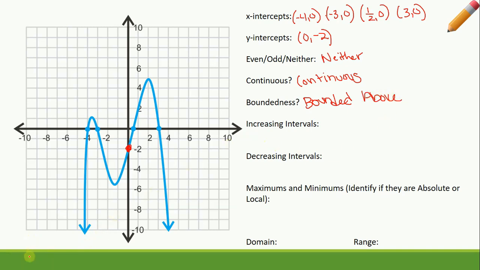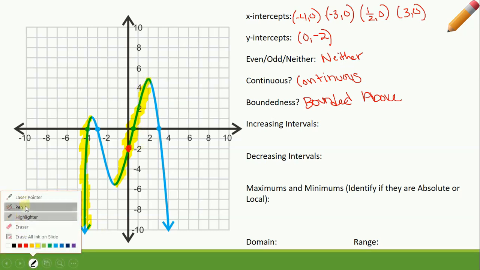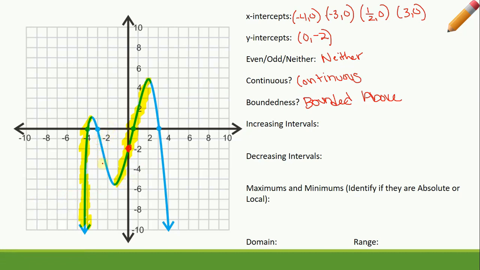Increasing intervals. Where am I increasing? Let me grab my highlighter here. So it looks like I'm increasing right here. Stop there. And it looks like I'm increasing again right there. Now remember, guys, when you're talking increasing and decreasing, you're talking about the x values.